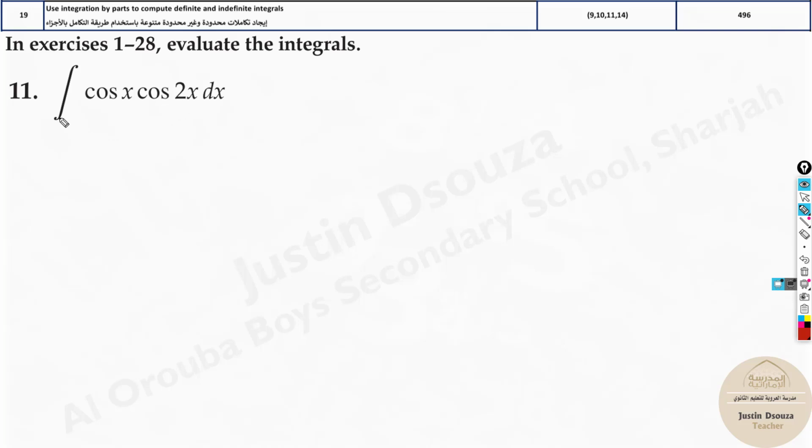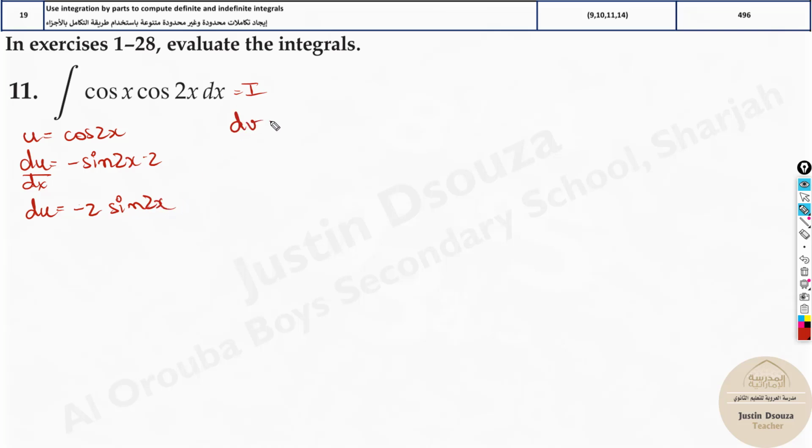Now let's do this. I will consider this to be I, because I know this also might recur. u is equal to cos 2x. So du by dx will be minus sine 2x times 2. And let's see what du is. du will be minus 2 times sine 2x dx.